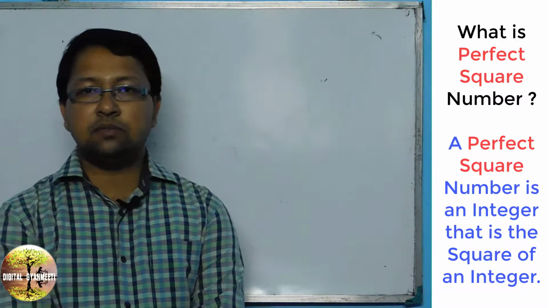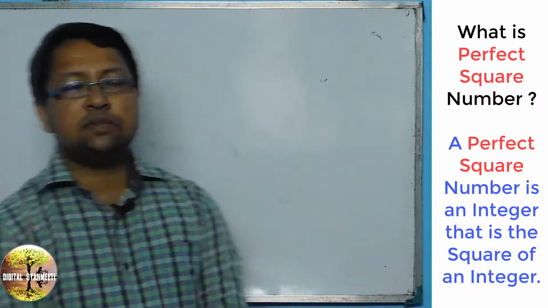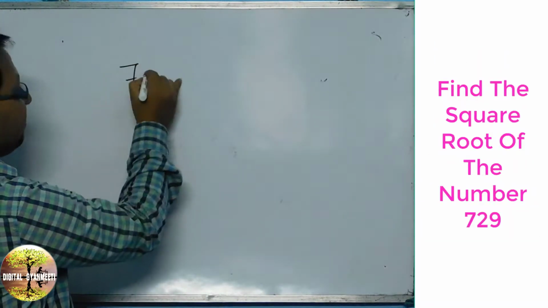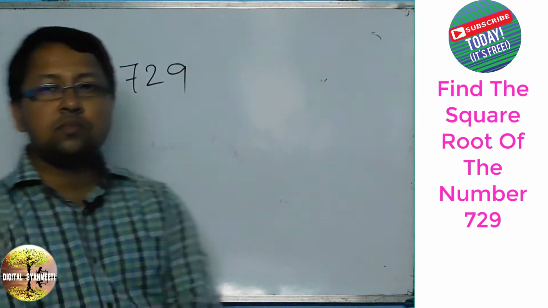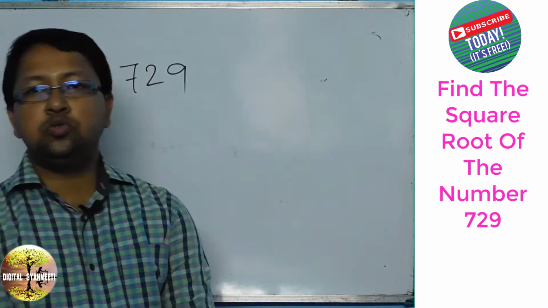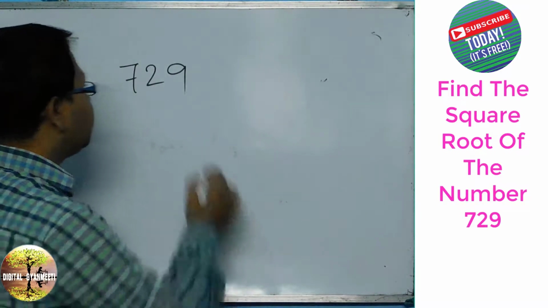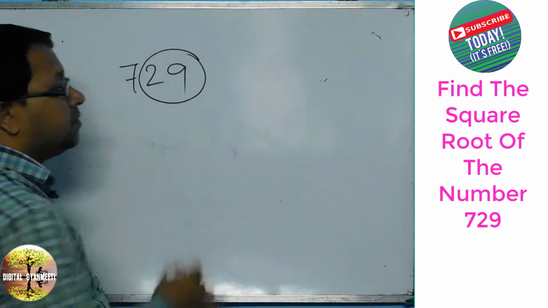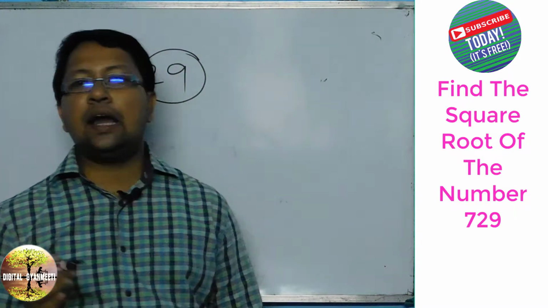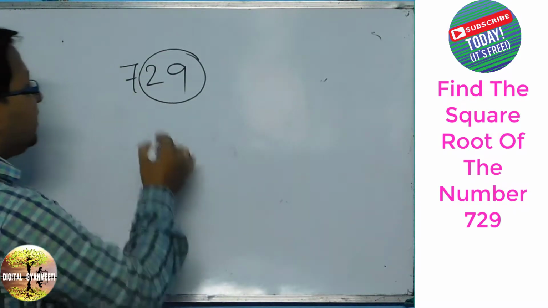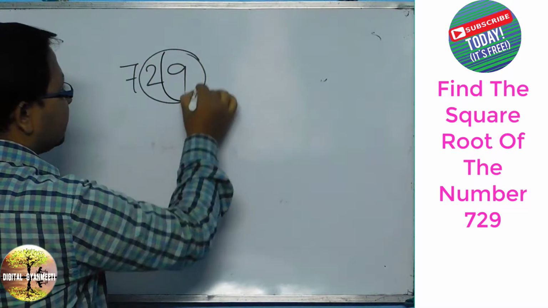Now come to an example. Find the square root of 729. First thing we need to do is look at the pair of numbers, taking from the right. The last digit of this, in this case, is 9.